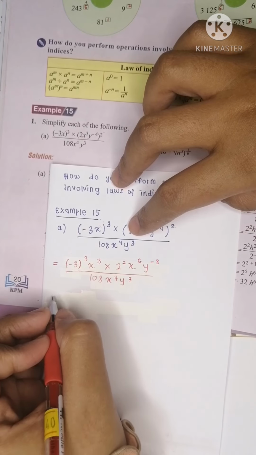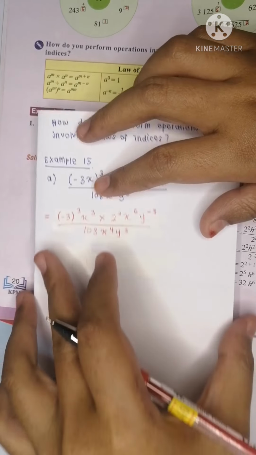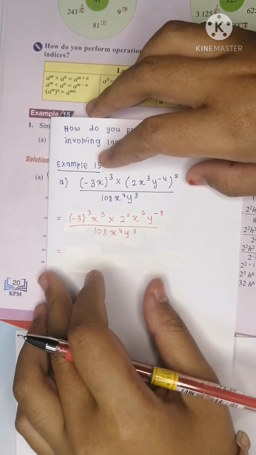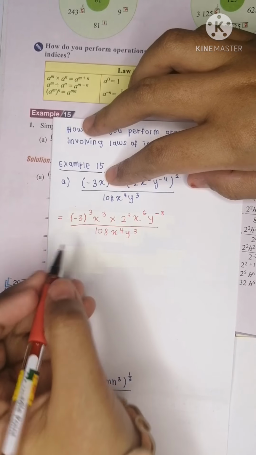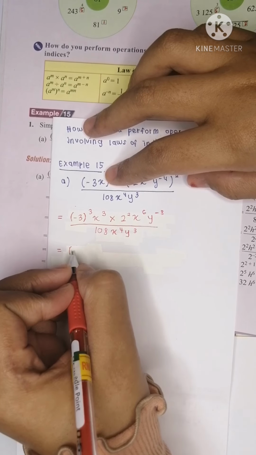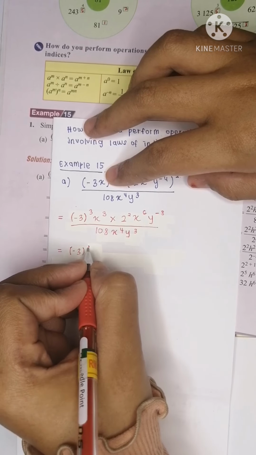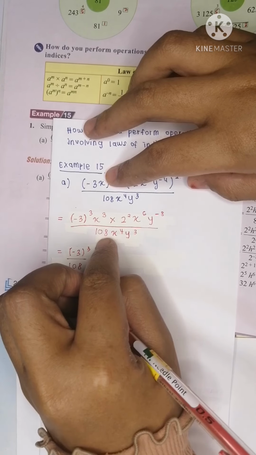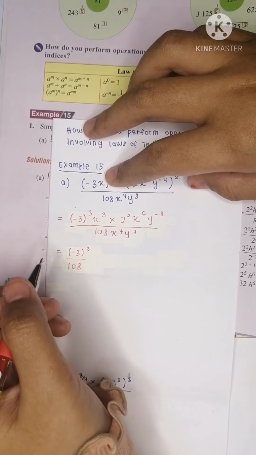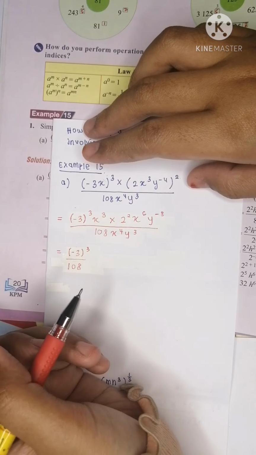Now the second step that you need to do is to separate the constant. This one, negative 3 to the power of 3 over 108, which is in the denominator. Now look at the next one.